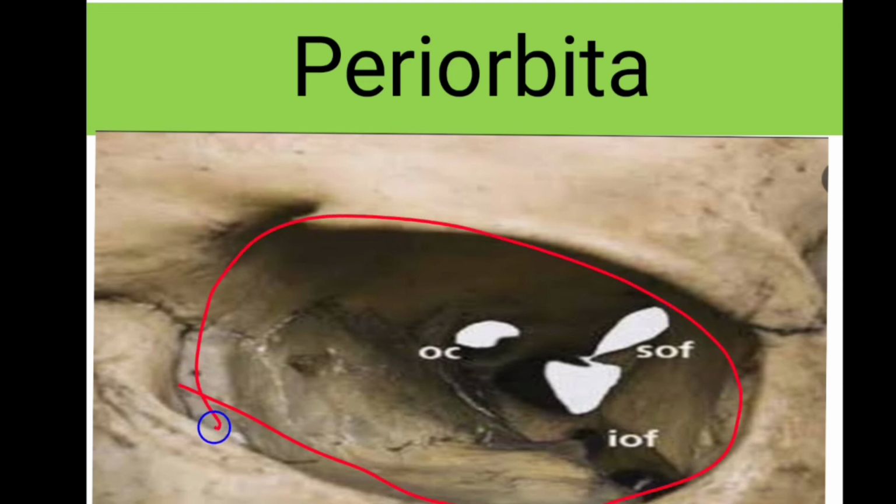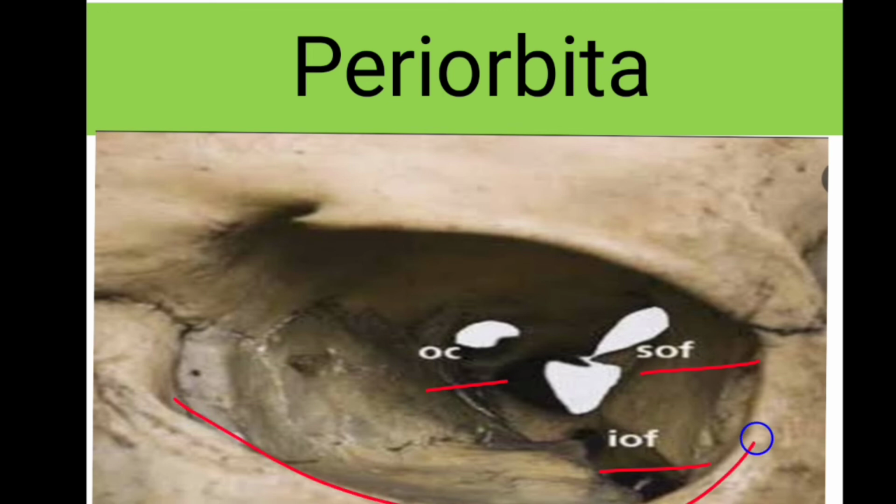It is loosely attached all over except at the sites of the superior orbital fissure, inferior orbital fissure, optic canal, the orbital rim, as well as the lacrimal fossa and the suture lines. At these points, the orbital fascia is very firmly attached to the orbital bones.